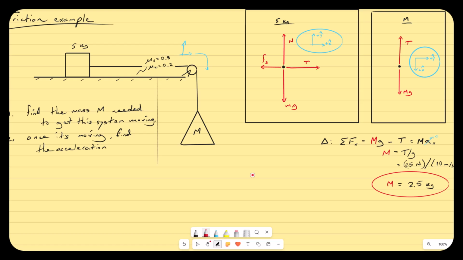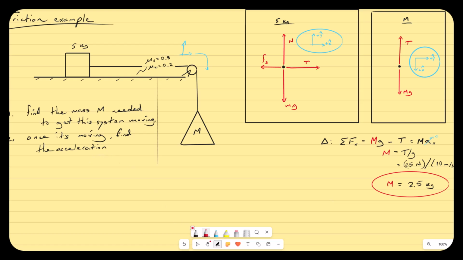If that triangle is 2.5 kilograms and I breathe on it, now I have surpassed static friction and this thing will be moving. So the way that's usually worded is the system is bumped from rest, or the system is nudged from rest. Some kind of word that effectively means we're going to get this thing going, but just barely.